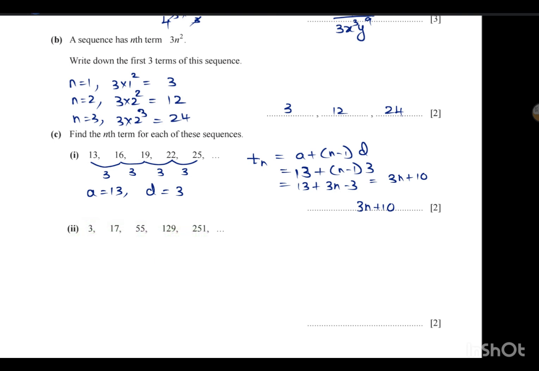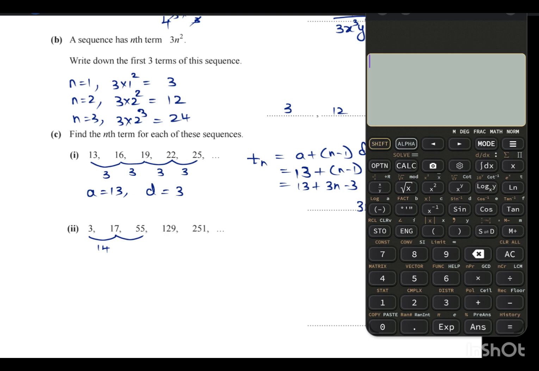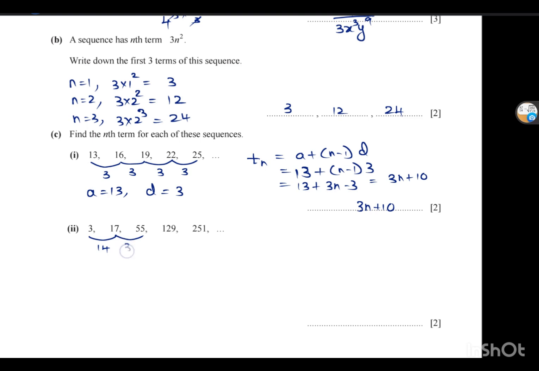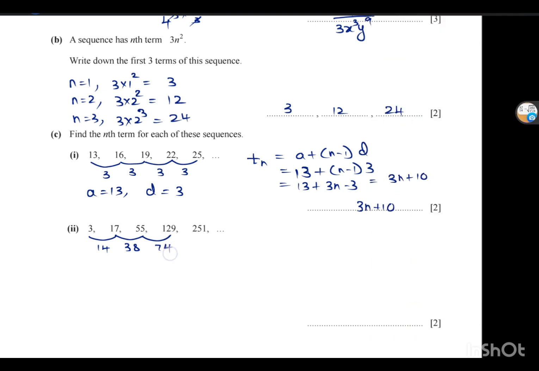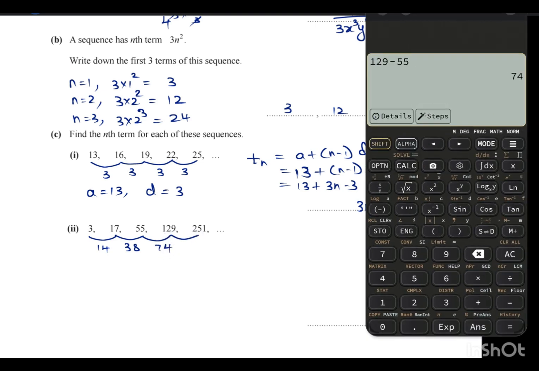So let us find the differences here. 17 minus 3 is 14. 55 minus 17, use the calculator when you can't do it mentally, 55 minus 17, 38. 129 minus 55, 74. 251 minus 129, 122.